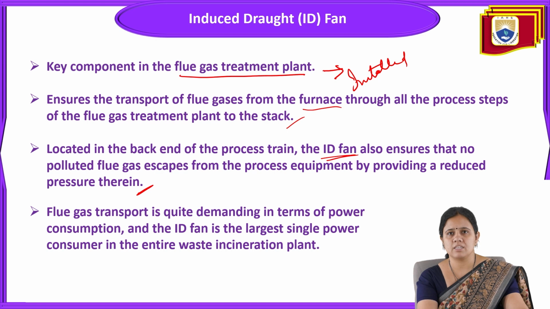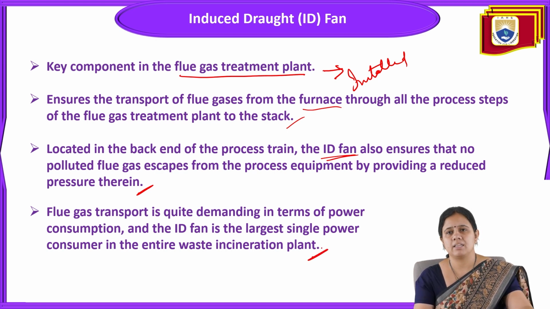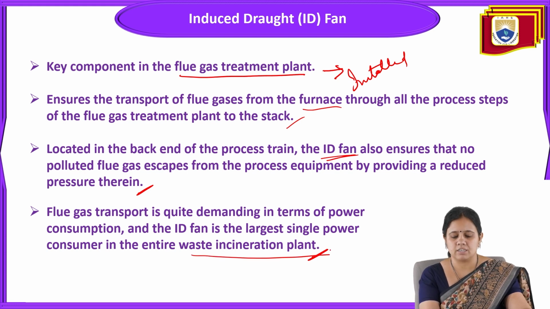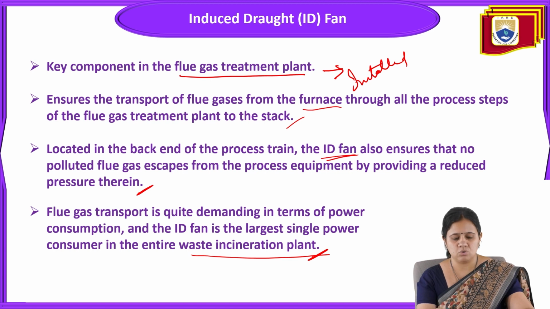The flue gas transport is quite demanding in terms of power consumption, and the ID fan is the largest single power consumer in the entire waste incinerator plant.